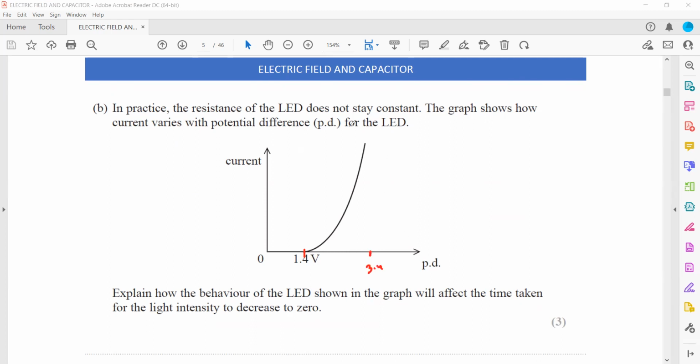If the resistance was constant, then it would be a straight line. But now what is happening? It will take a longer time to change from 3.4 to 1.4. So as it takes longer to change from 3.4 to 1.4, it means the LED will light up for a longer period of time. So from the graph, as you can see, the potential decreases and therefore the time constant will increase. So it will take longer to switch off.